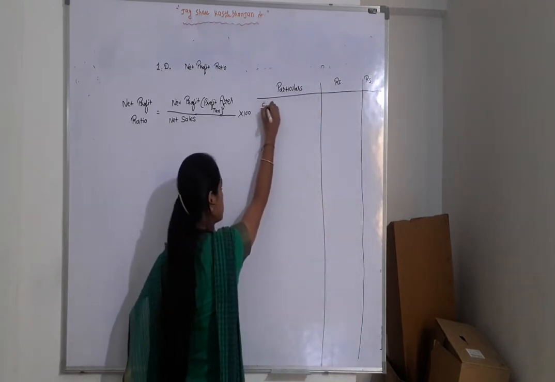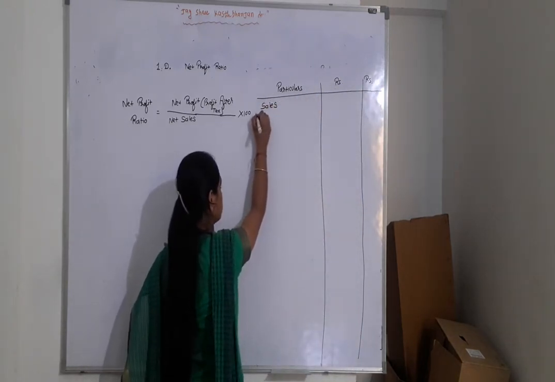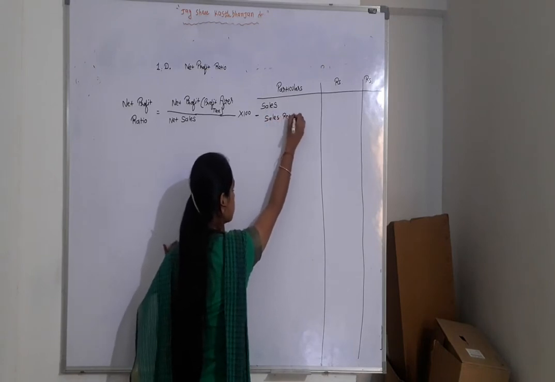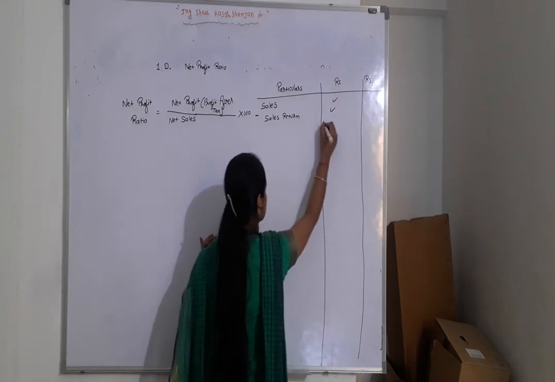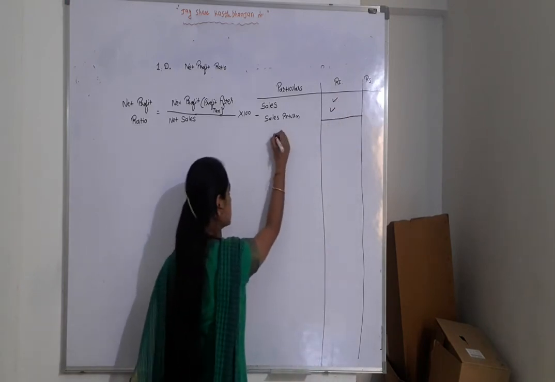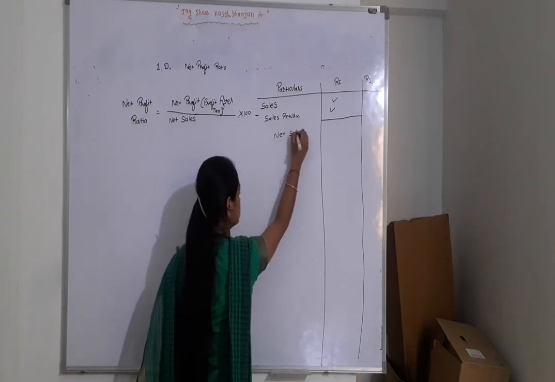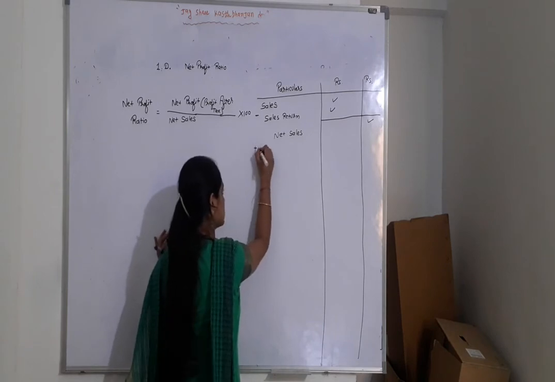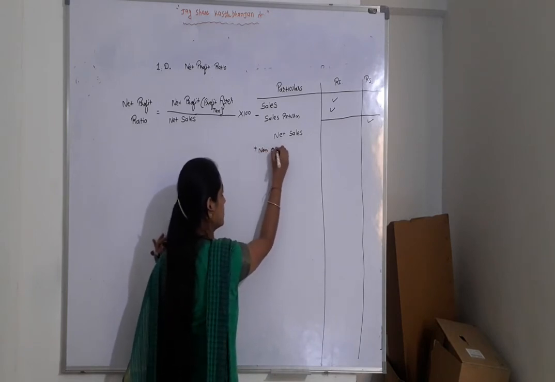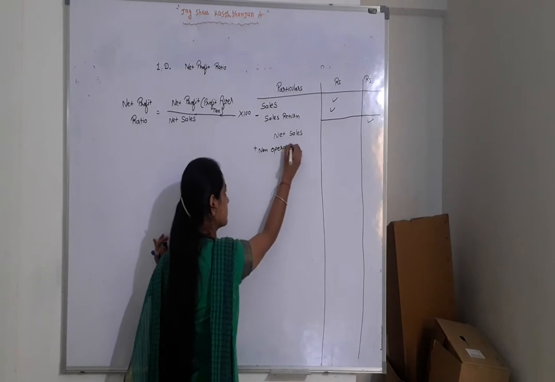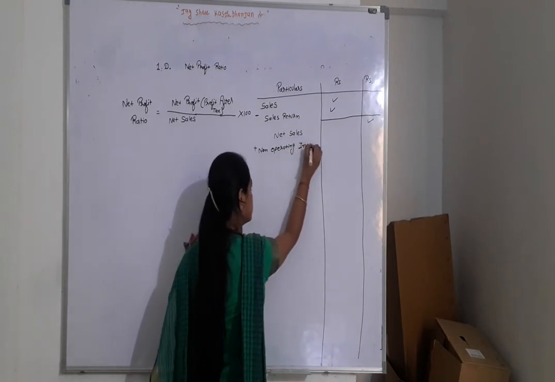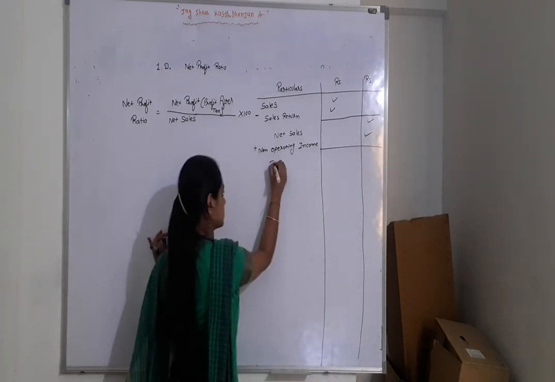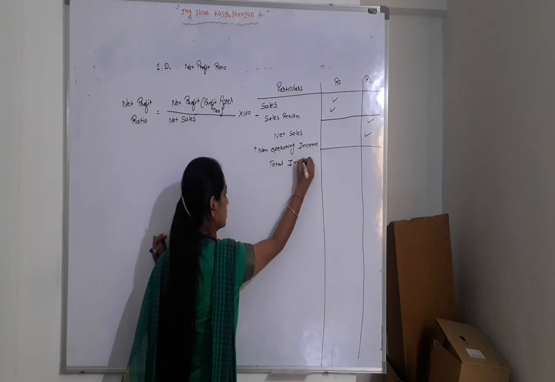First of all, they have given us sales minus sales return. That means we'll get net sales plus non-operating income. That means we'll get total income.